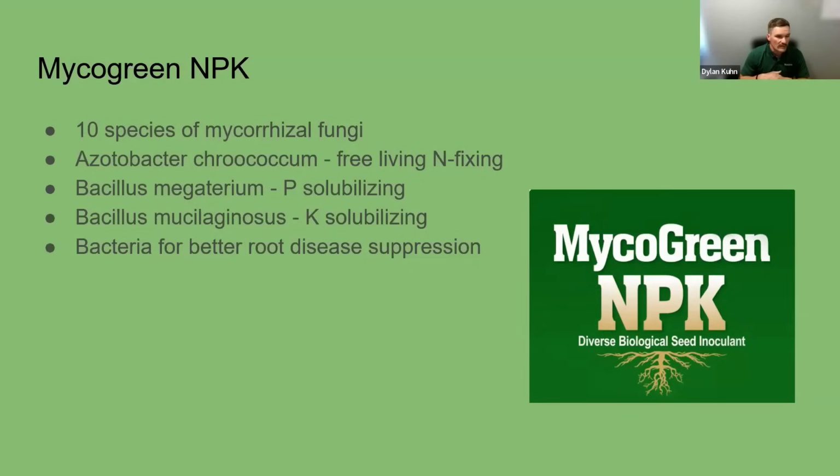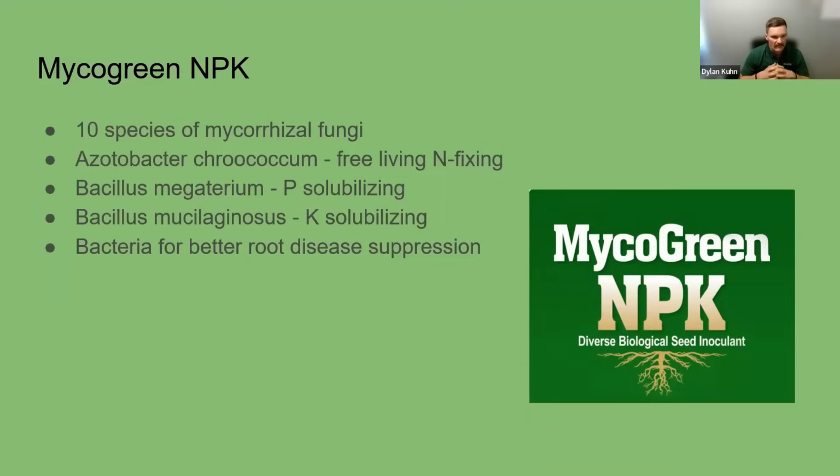With this product, you get 10 species of mycorrhizal fungi with a very high propagule count. So 250,000 propagules per the application rate, which is 5 grams per acre. The mycorrhizal fungi is super important in the soil in the fact that it's an extension of the root hairs.